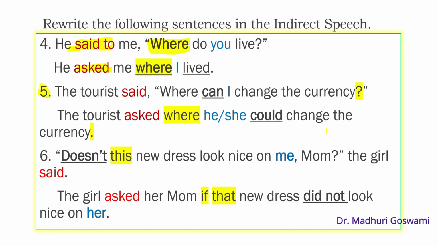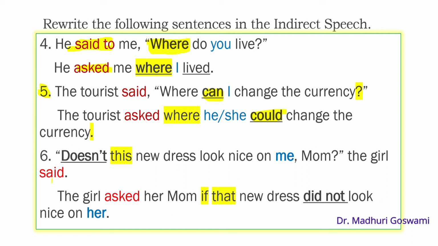There is a reason behind this, because we don't know the gender of the tourist, so we can use here he or she. Dear students, you remember, can is a modal, and we have changed this also in its past form. इसलिए can के स्थान पर could का प्रयोग किया गया है.